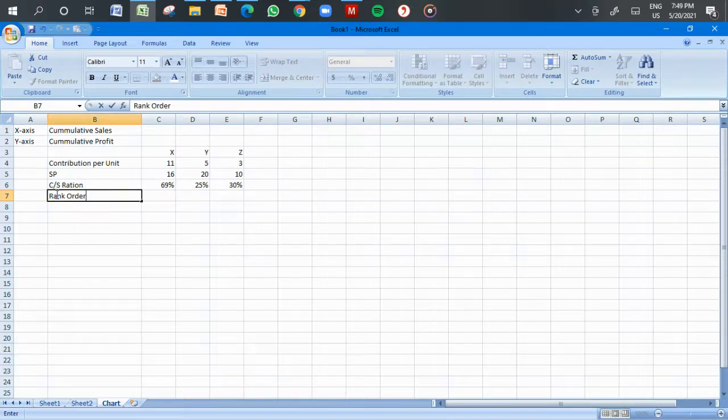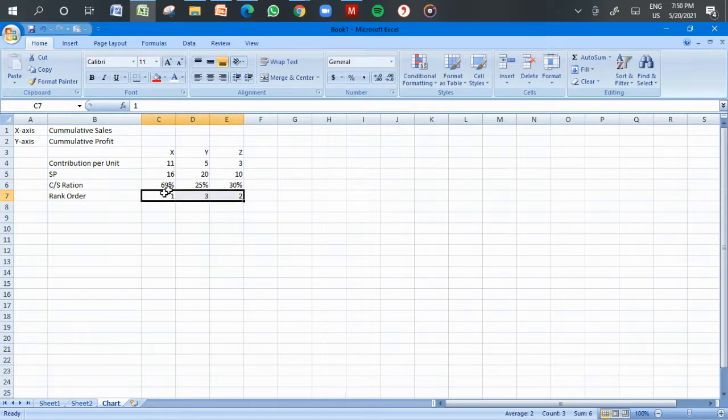As you can see, X will be the first one because we have 69% contribution to sales ratio here. Then this one becomes the second, then this one becomes the third. So this is your first step: you calculate the rank order.